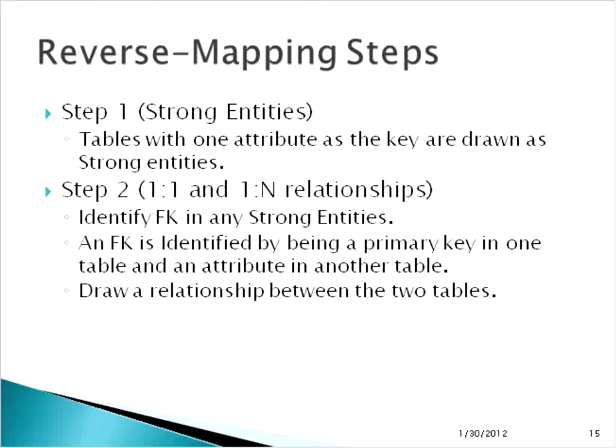Okay, so from these two tables, we can clearly see that we have a table called items, which would translate into an entity, items, and you have a table called order, which would translate into the entity order. You have the primary key, which for items would be item number.